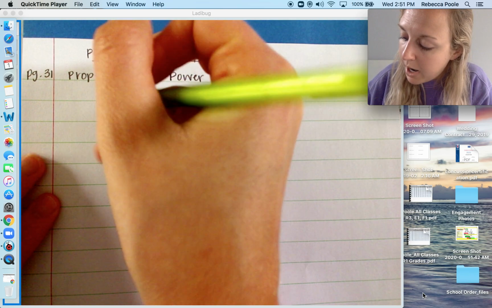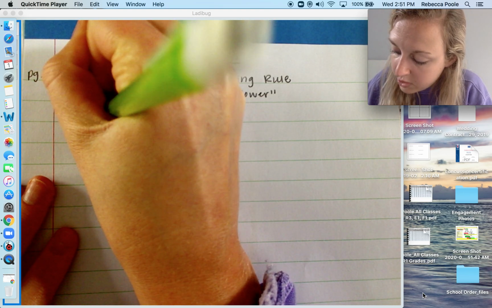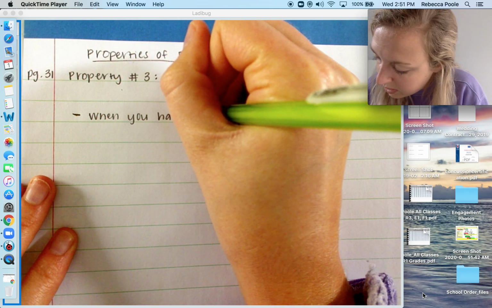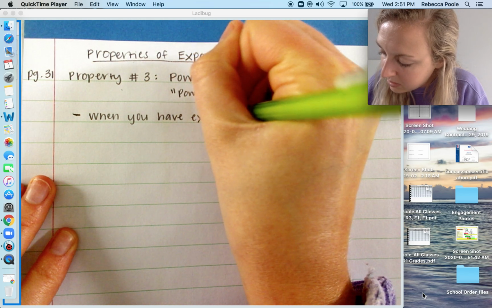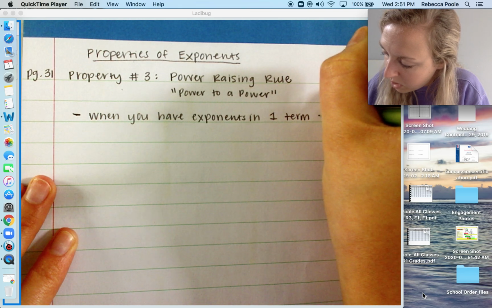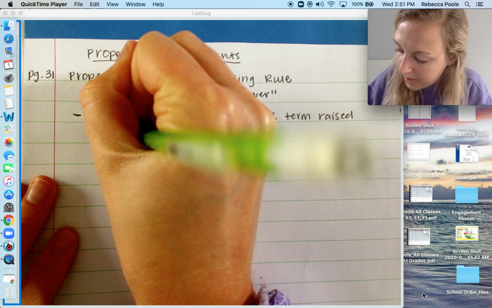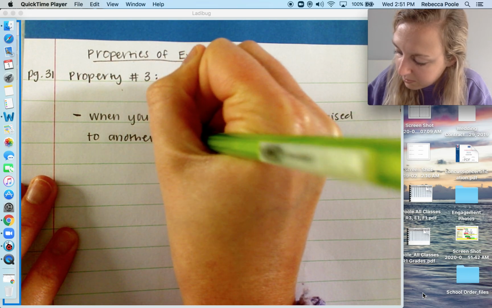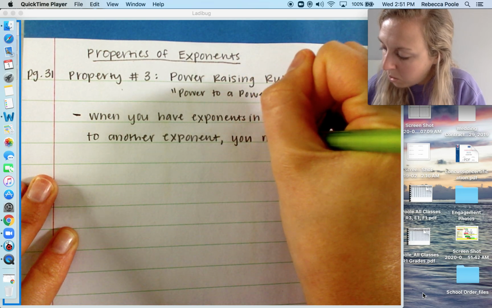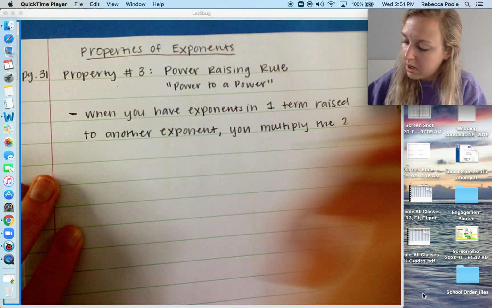So our power raising rule says that when you have exponents in one term raised to another exponent, you multiply the exponents.